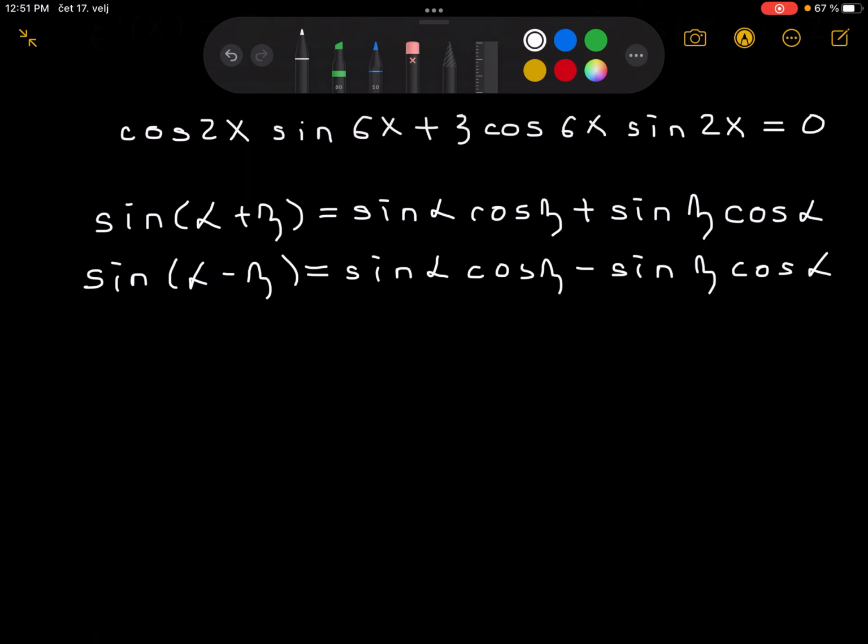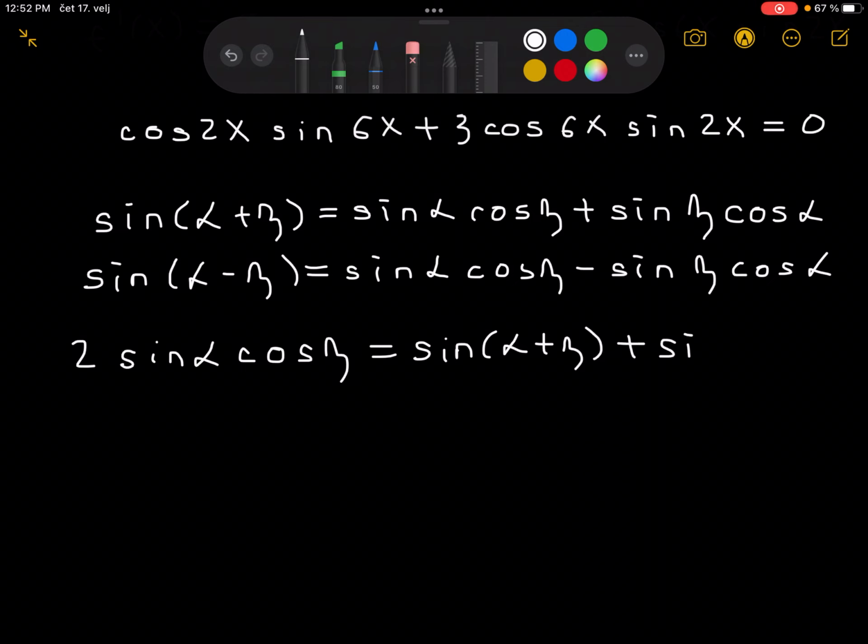Okay, now I'm going to go ahead and add up these two equations. So that will give me that 2 times sine of alpha cosine of beta is equal to sine of alpha plus beta plus sine of alpha minus beta.